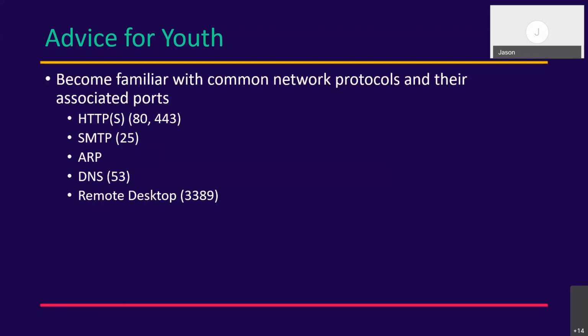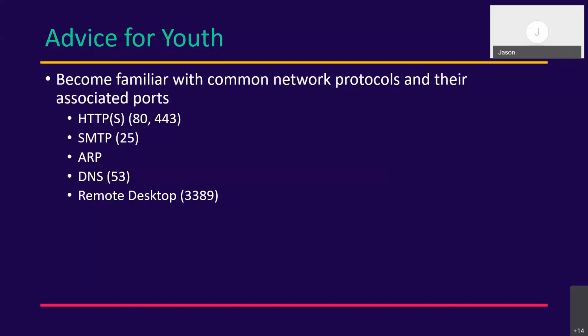And then remote desktop, this is for Windows, rides over port 3389. The reason why I bring that one up specifically is because most individuals, especially on their home network, don't have remote desktop enabled on their home network. So if you're looking at your network traffic on your home network and you see a lot of 3389 traffic, that means somebody is using remote desktop to look at what you have on your screen of that computer.